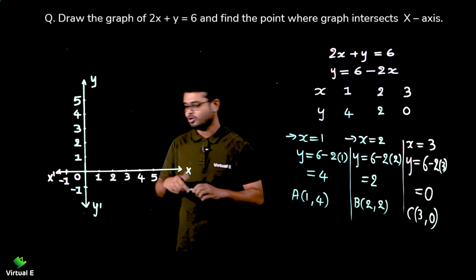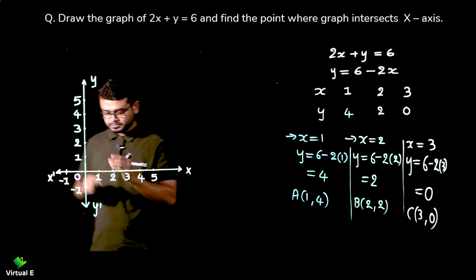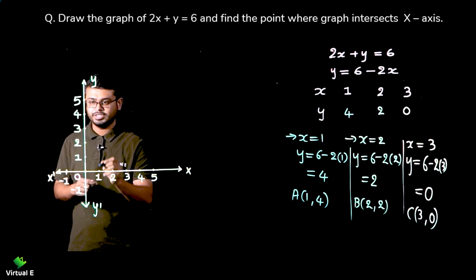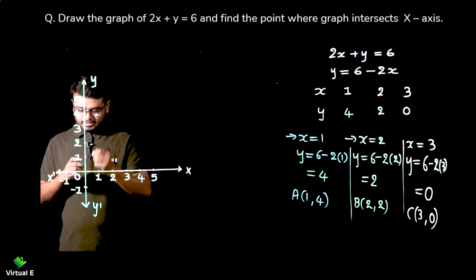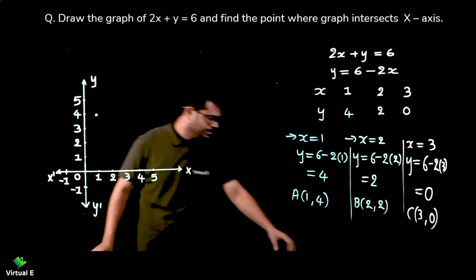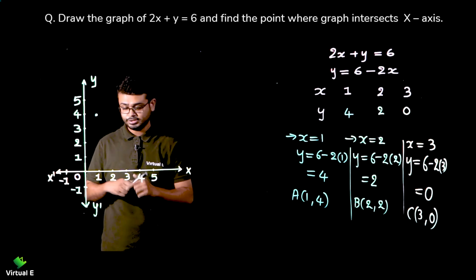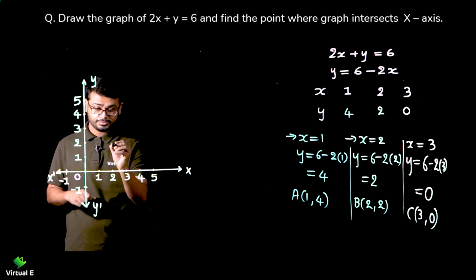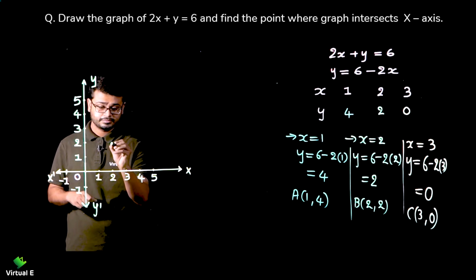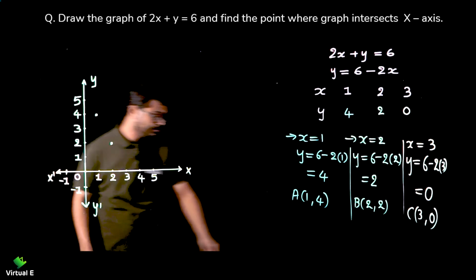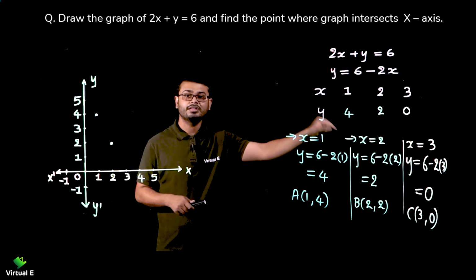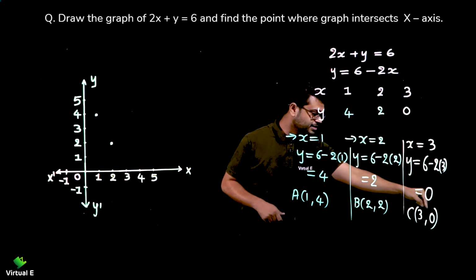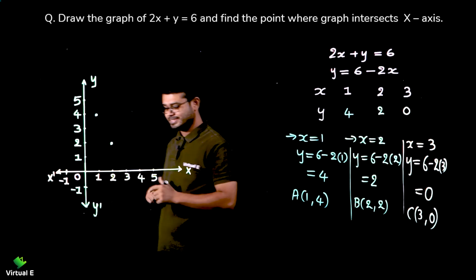First of all, 1 comma 4. So 1 on the x-axis and 4 on the y-axis, somewhere here. Then the second one, 2 comma 2. So 2 and 2 is here. And finally, the last is 3 comma 0. See, 3 comma 0, the y coordinate is 0, so it will lie on the x-axis, right?